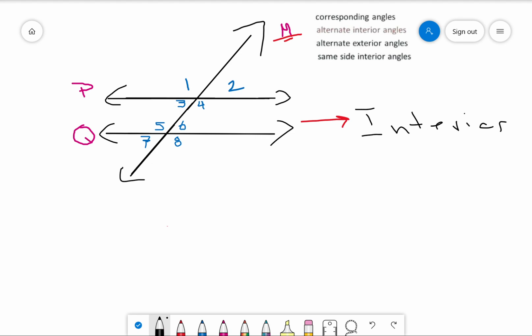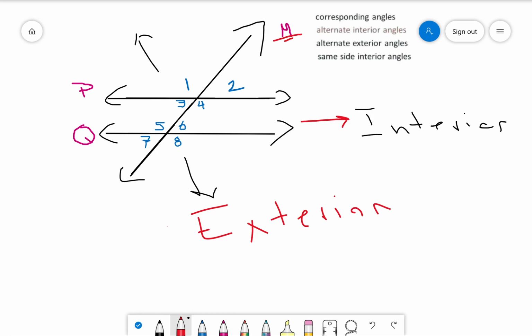Outside of the parallel lines, which is here or here, is called the exterior.